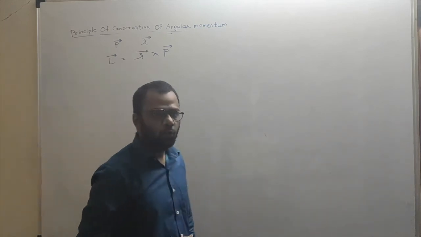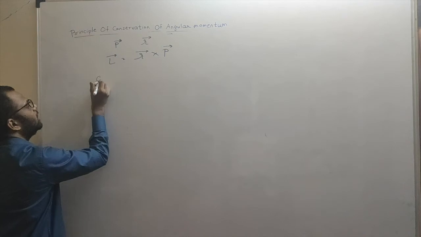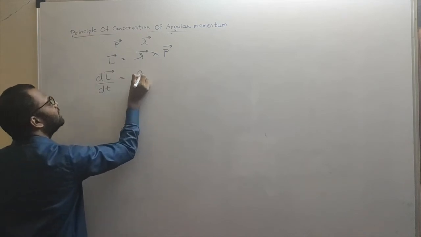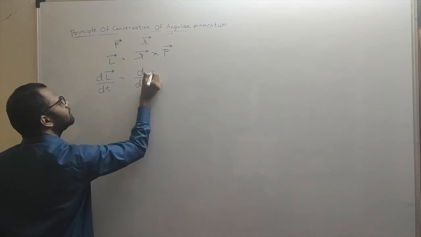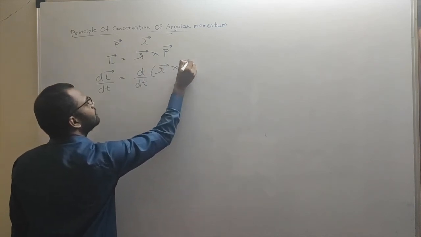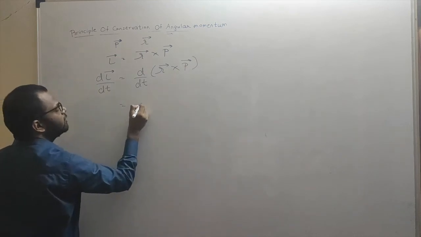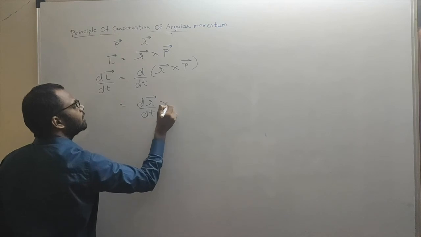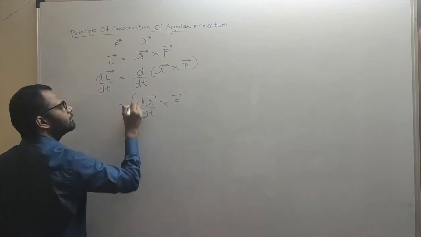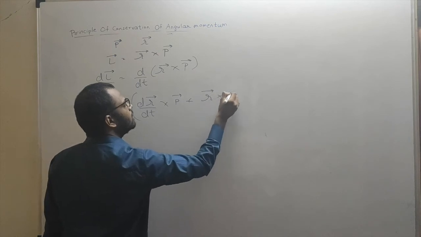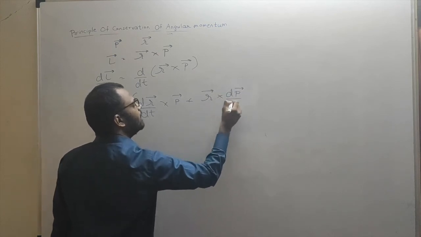Differentiate this with respect to time. So dL by dt is nothing but d by dt of r cross p. As we have discussed, this will be nothing but dr by dt cross p plus r cross dp by dt.